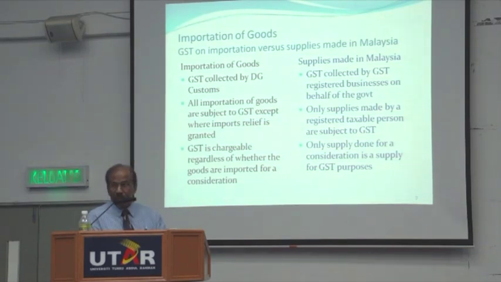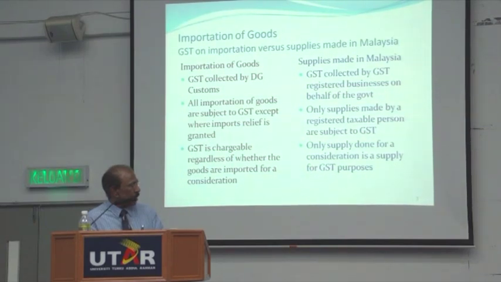So if the person is not registered, like we saw just now, the wholesaler is not registered, he cannot charge the retailer GST. But there's one difference: only supply done for consideration is a supply for GST purposes, whereas for imports, it applies regardless of whether the goods are imported for consideration. So a slight difference.